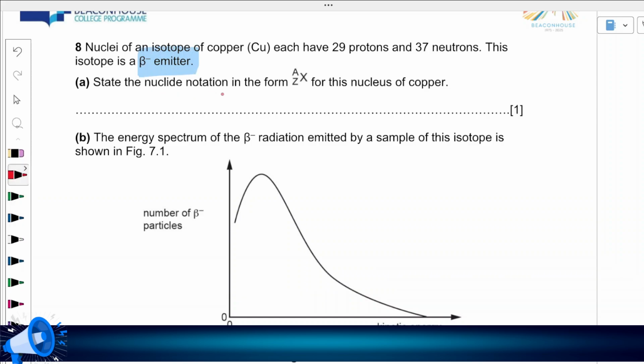State the nuclide notation in the form of X, Z, A for this nucleus of copper. Copper, 29 protons, and how many? What is your atomic mass? 29 plus 37. 66. That's it.